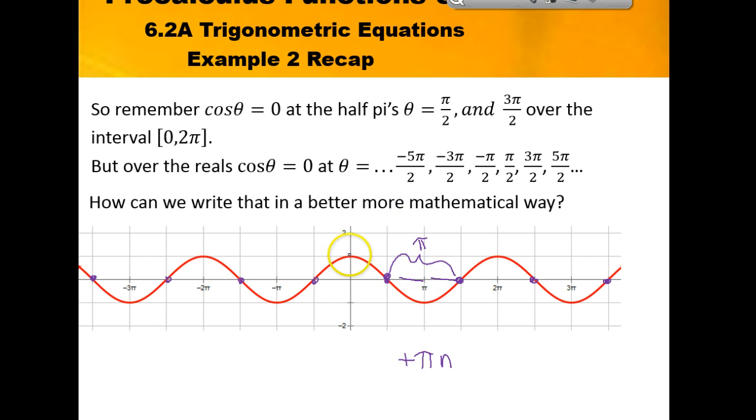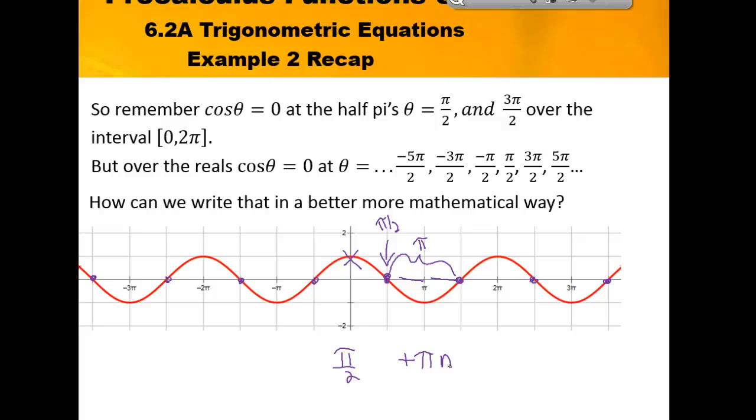Well, it's not 0 right here at 0. It's 0 for the first time right here, and that point is pi over 2. So I'm going to say pi over 2 plus pi n. So I know that cosine is 0 at every pi over 2 plus pi n.